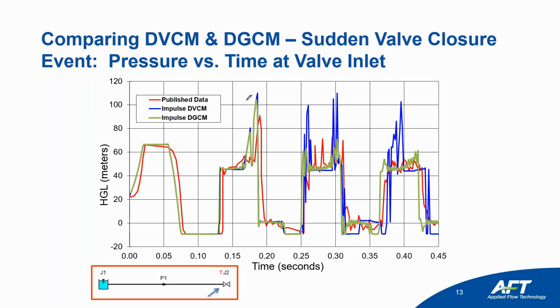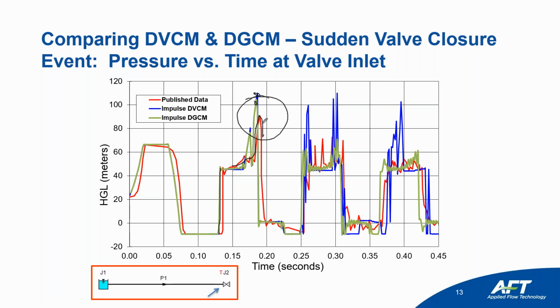And that large pressure spike actually gets up to be significantly high. Now, if you look at this and follow the red line, you can see that it gets up pretty high. Both the green line and the blue line are following that trend really well.